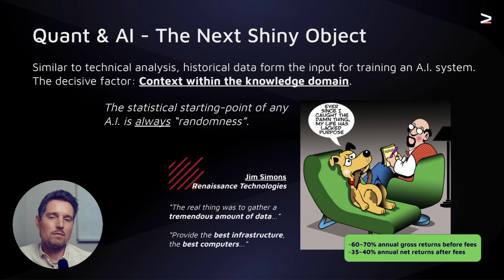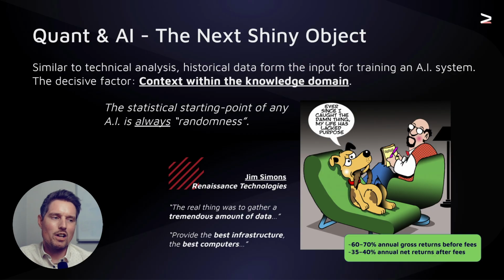So the system needs you to feed it market data, sure. But what it also needs alongside that is a context on how to interpret the data, right? That's what I call context within the knowledge domain. So the system needs to know what to look for, and how to use the data, how to apply the data.